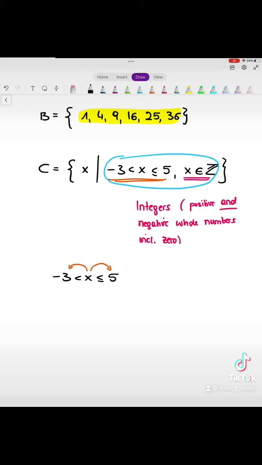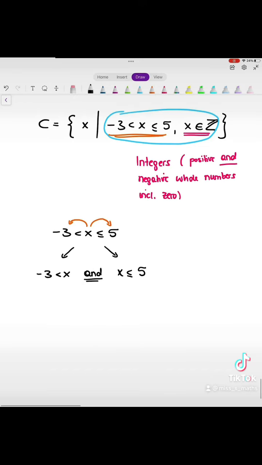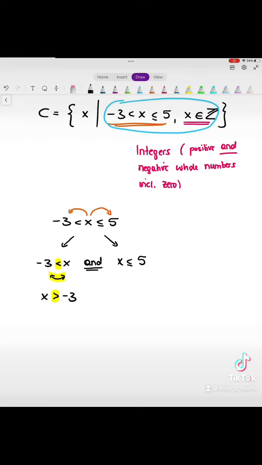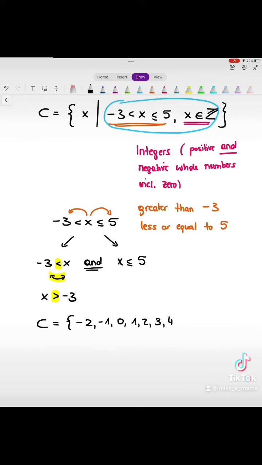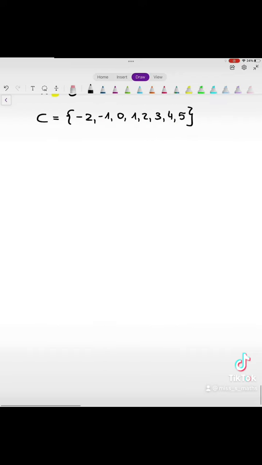And this range here means we're ranging between -3 and up until including 5. That means when we're listing our values, they have to be greater than -3 and less or equal than 5. So the number values are -2, -1, 0, 1, 2, 3, 4 and 5 is included because of that less and equal sign.